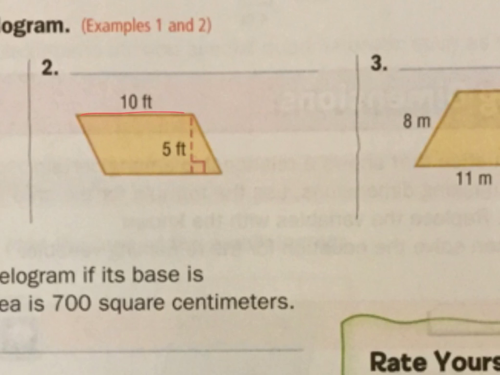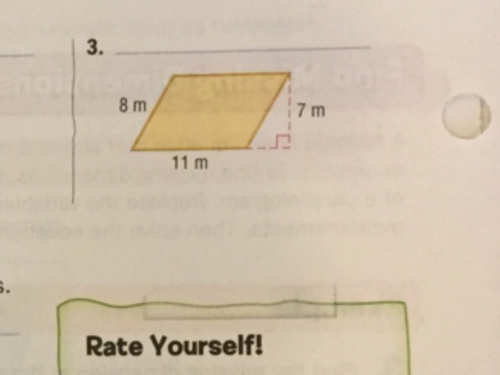They've given us the base of 10 and the height of 5, and it's feet. So area equals 10 times 5. And 10 times 5 is 50, and it's feet squared. 50 feet squared.